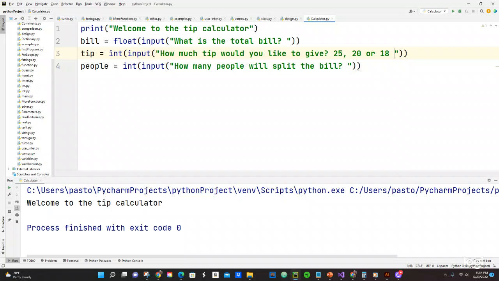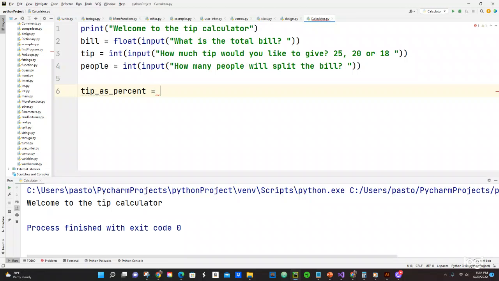Okay, we got that. Now we have to do the math operation. We're going to call tip as percent.